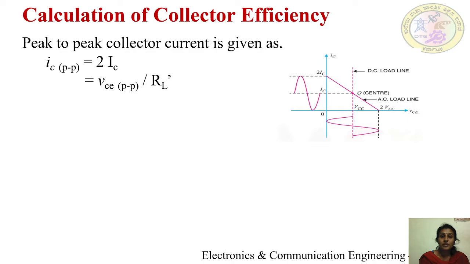Or it can also be written as VCE peak to peak by RL dash. Or IC can be written as VCC by RL dash. So IC peak to peak becomes 2 VCC by RL dash.